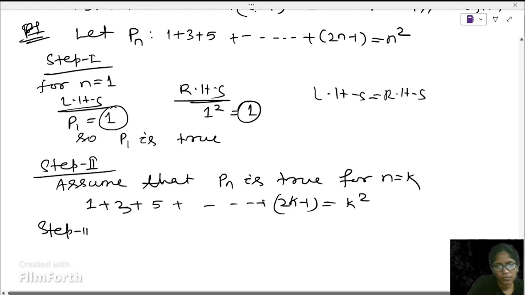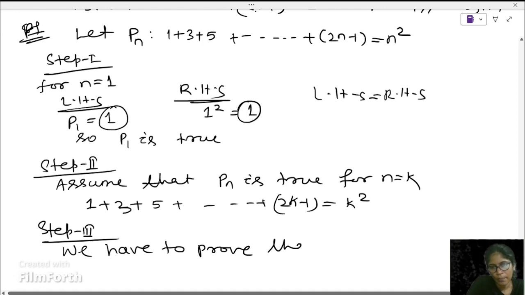Step 3. We have to prove that Pk plus 1 is true.